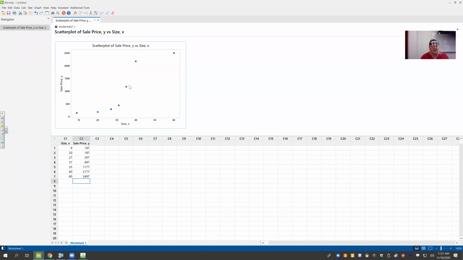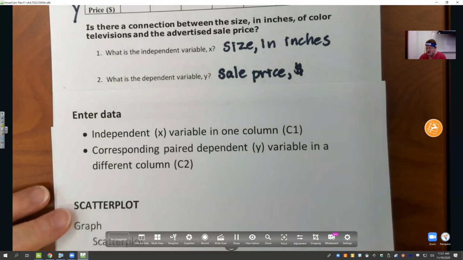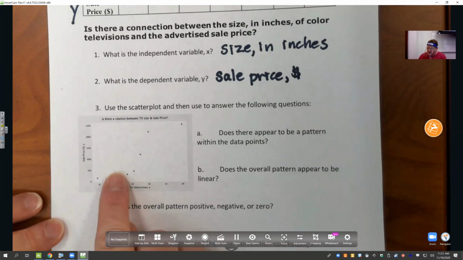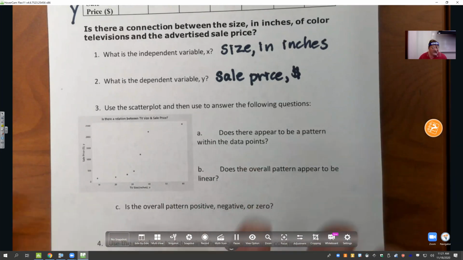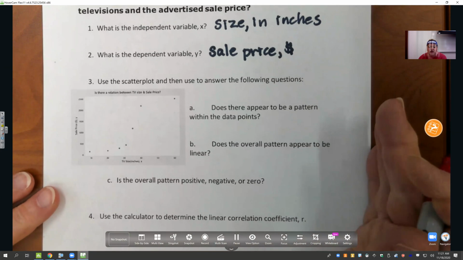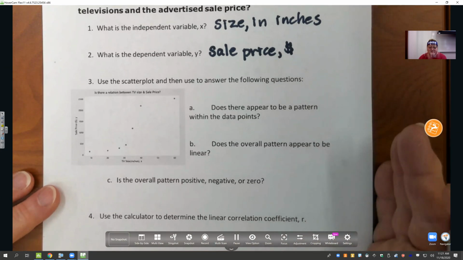Okay, so let me switch back. So using the scatter plot, and again, I know that on the test, it's printed on the paper, but you're going to ask yourself, does there appear to be a pattern within the data points?